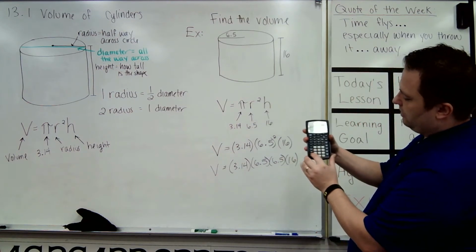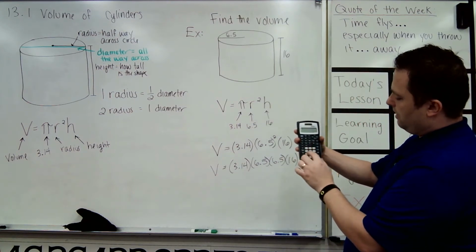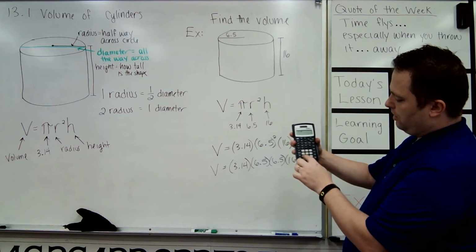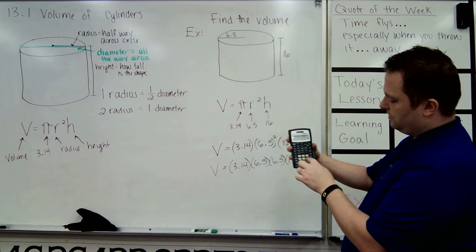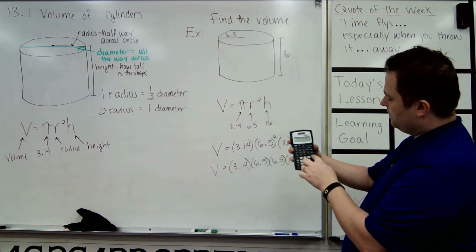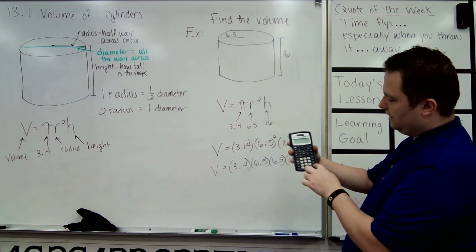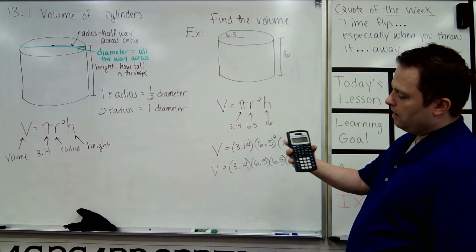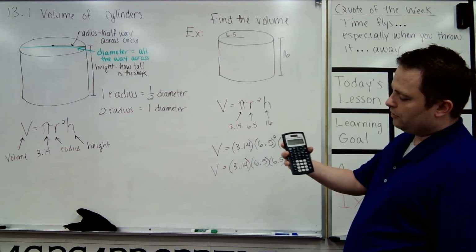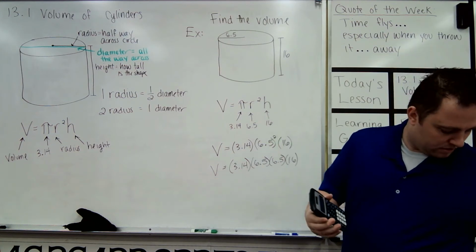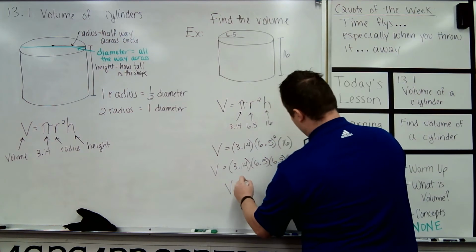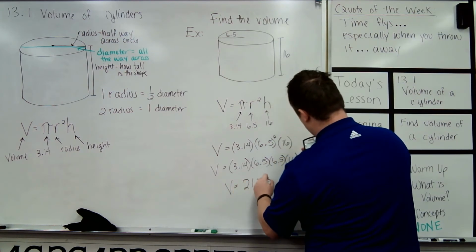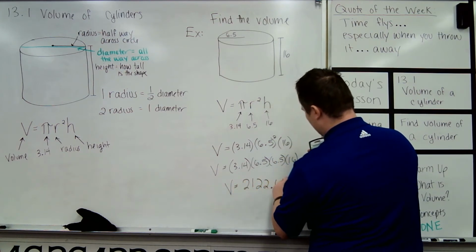So in my calculator, I'm going to go 3.14 times 6.5 times 6.5 times 16 equals. I come to a total of 2122.64. V equals 2122.64.